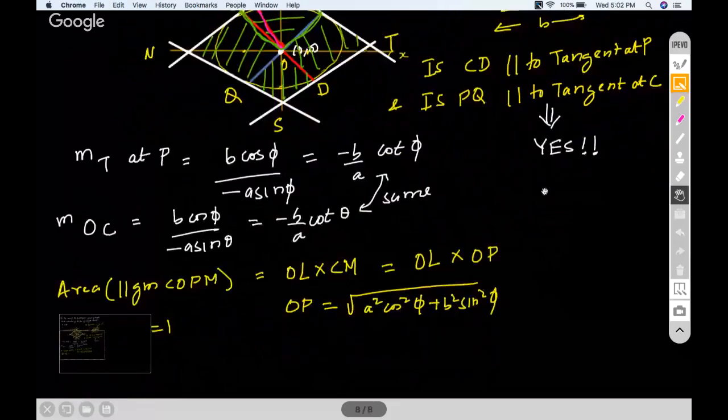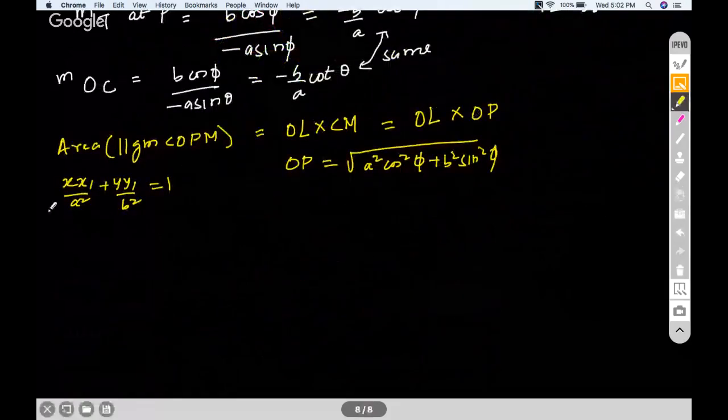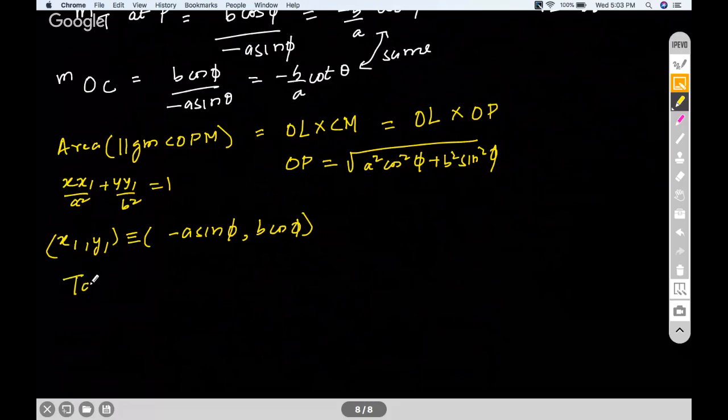And here I am drawing it at x1, y1 point, which are actually minus a sin phi, comma b cos phi.